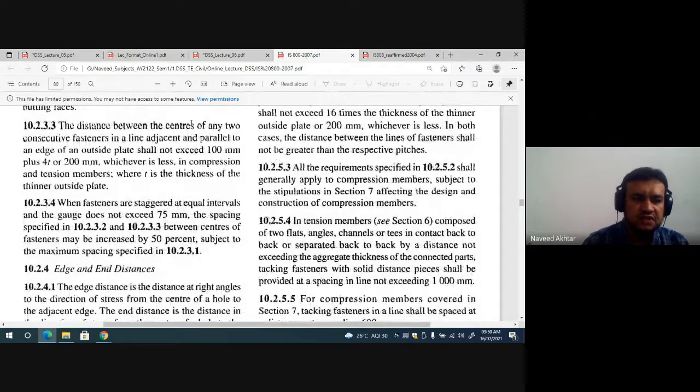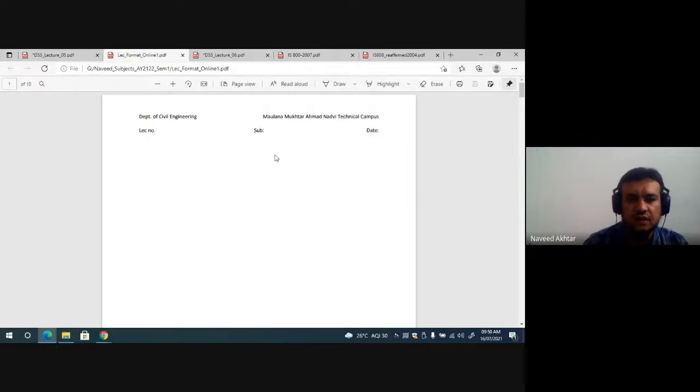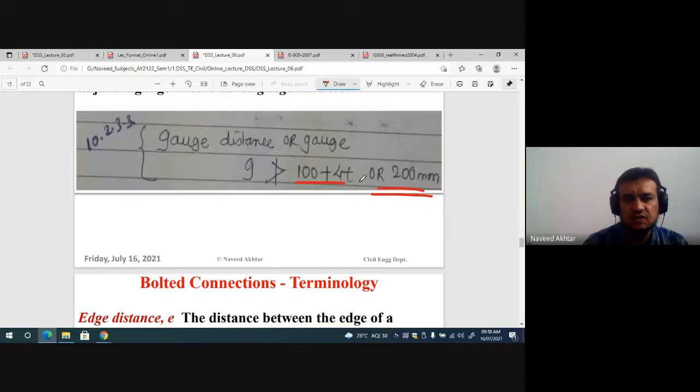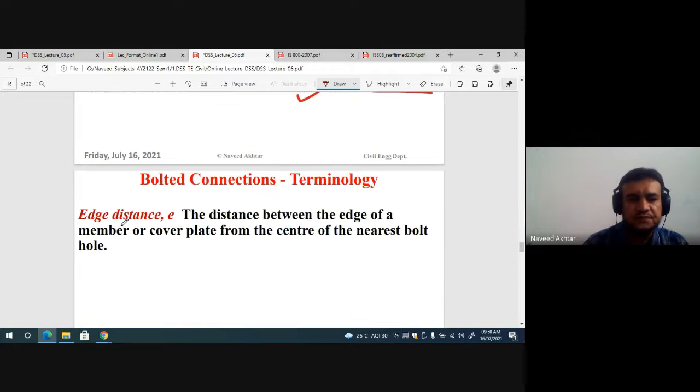The distance between the centers of any two consecutive fasteners in a line adjacent and parallel to the edge of an outside plate shall not exceed 100 mm plus 4t or 200. That is written here in mathematical form, so no issue in that.